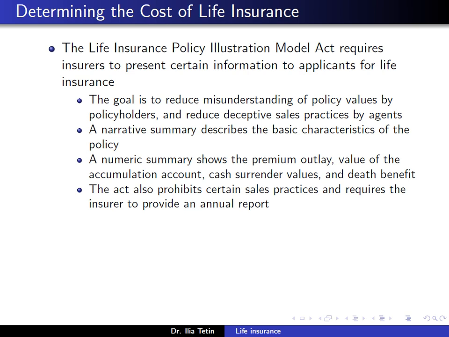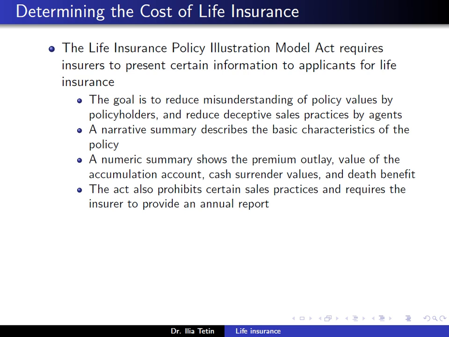The Model Act requires insurers to present certain information to applicants for life insurance. The policy illustration contains a narrative summary that describes the basic characteristics of the policy, including how the policy functions, underwriting class, death benefit option, payment of premiums, and any riders.